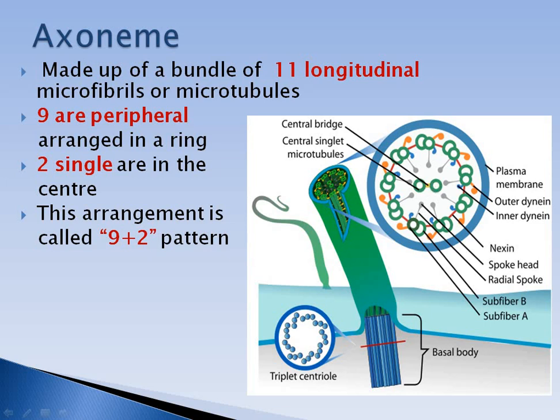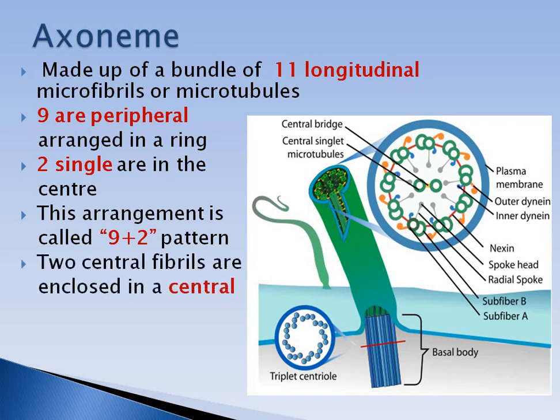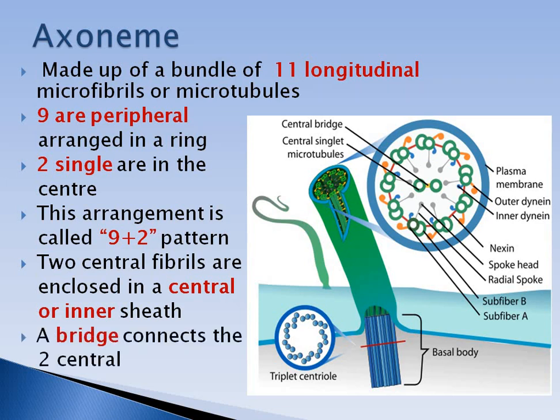This arrangement of 9 filaments in the periphery and 2 in the center is called the 9+2 pattern, and this helps in the movement of cilia and flagellum.